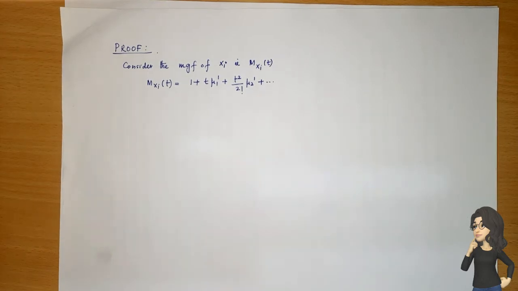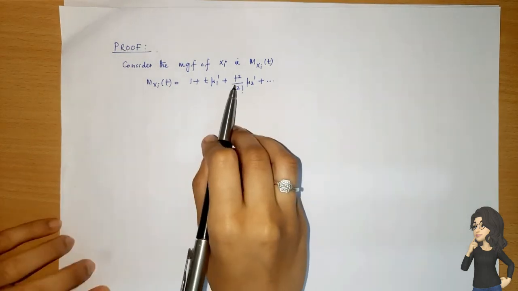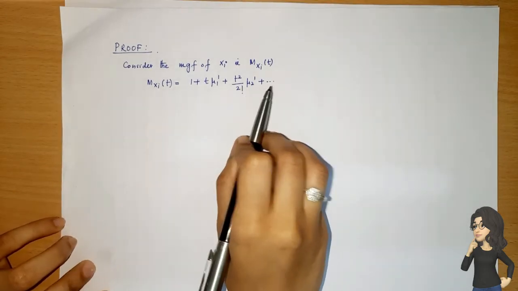Here mu1 dash, mu2 dash, etc. are the moments about 0 of this random variable xi. Since these variables are identically distributed, this expansion is the same for all the xi's, so it is the same for x1, x2 and xn.